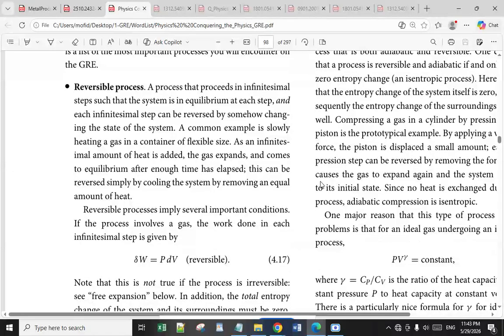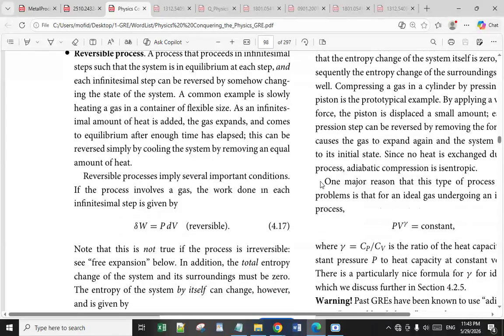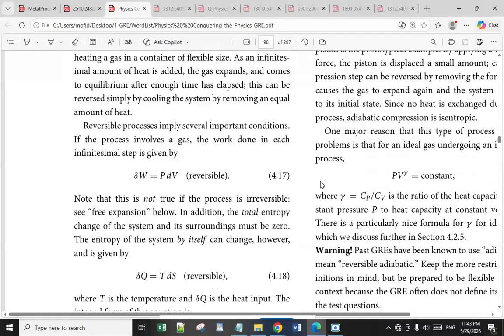A common example is slowly heating a gas in a container of fixed size. As an infinitesimal amount of heat is added, the gas expands and comes to equilibrium after some time has elapsed. This can be reversed simply by cooling the system or removing an equal amount of heat.